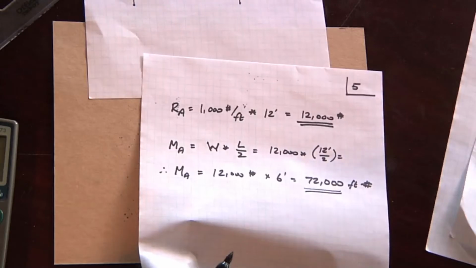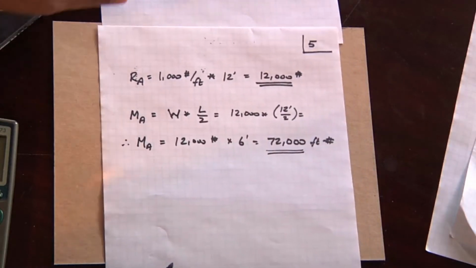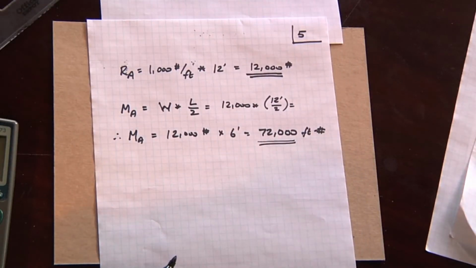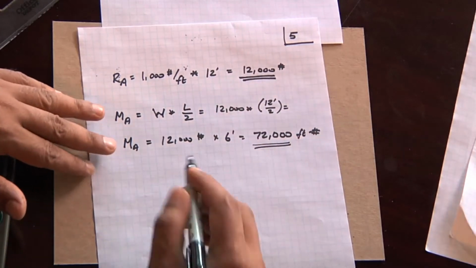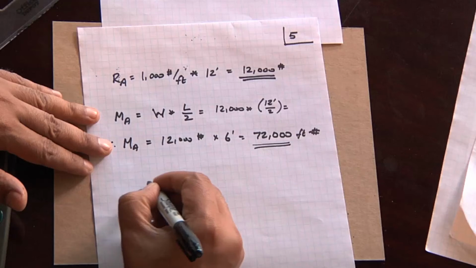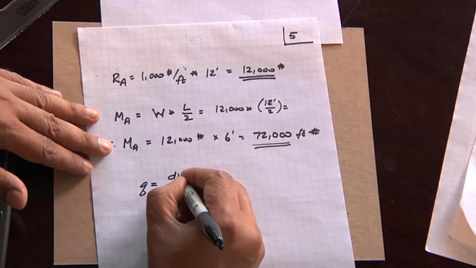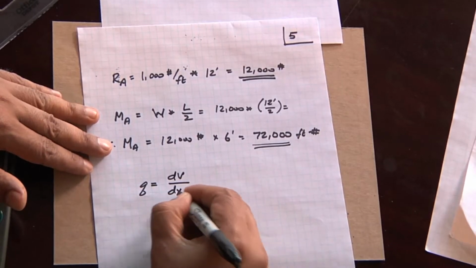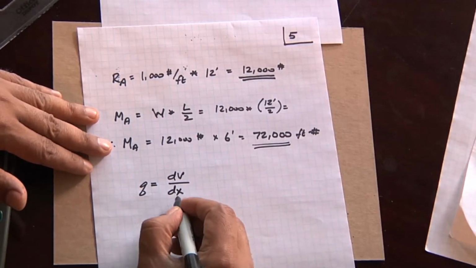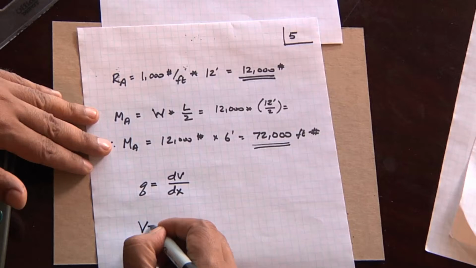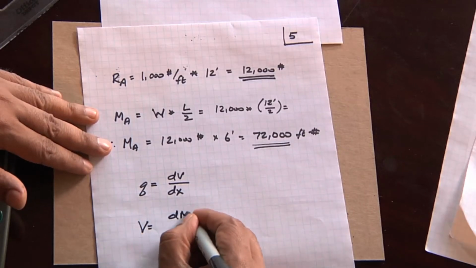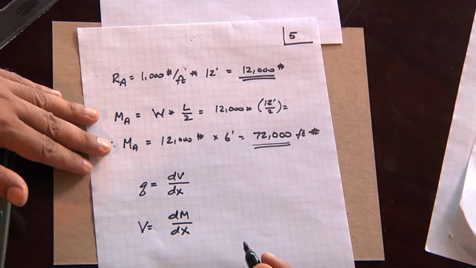Let's talk about the shape of the shear diagram, because the shear diagram is related to the loading in the following manner. And it's just a quick explanation. So Q, my loading, is the derivative of the shear diagram with respect to length. And the shear diagram is the derivative of the moment per unit length.